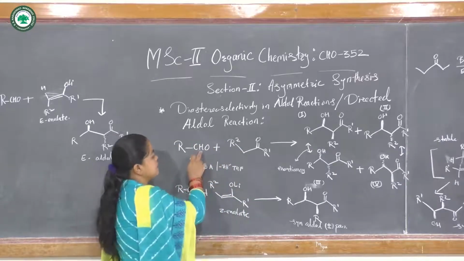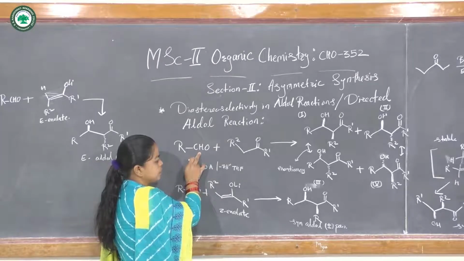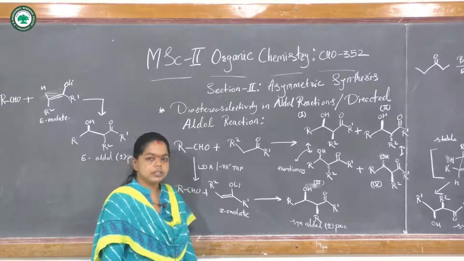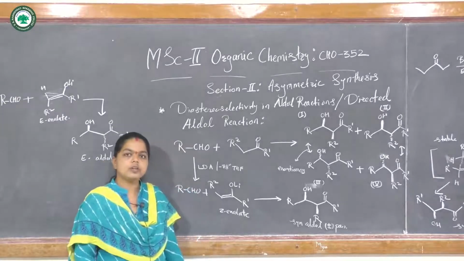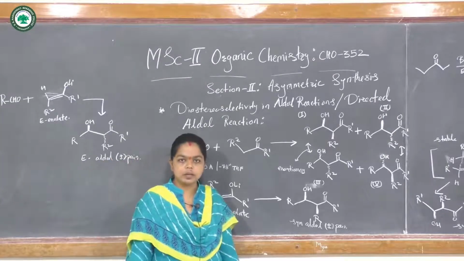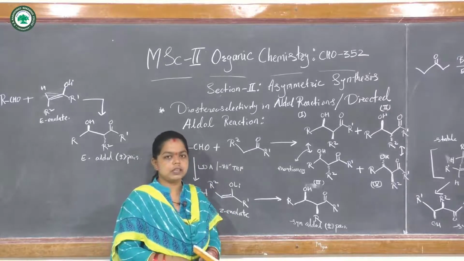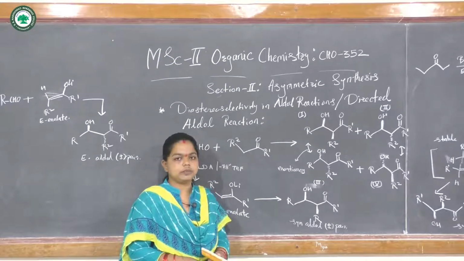For example, this is the aldehyde. In this general reaction we have taken a general R group, not a specific group, because we are going to study the stereochemistry, or what will be the selectivity for the product in this reaction.